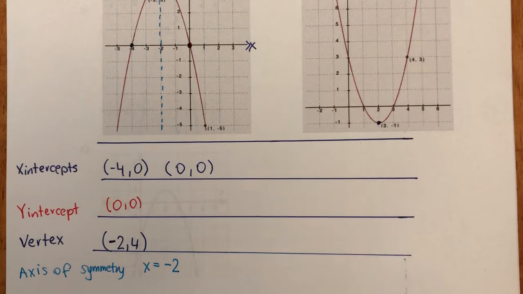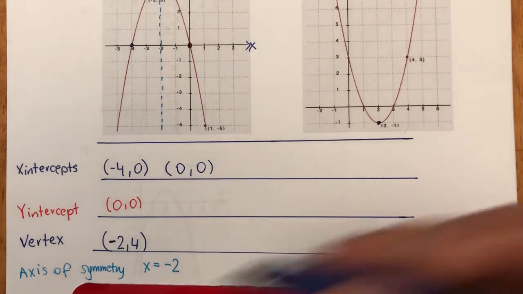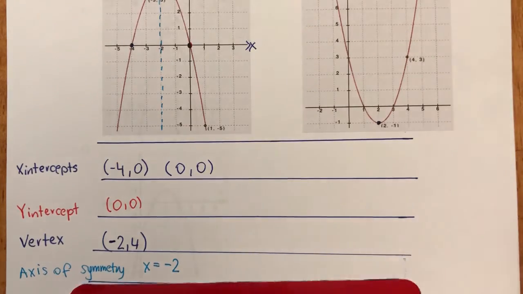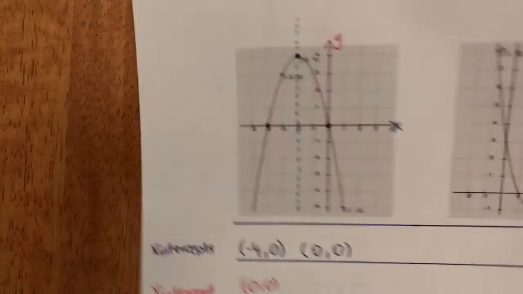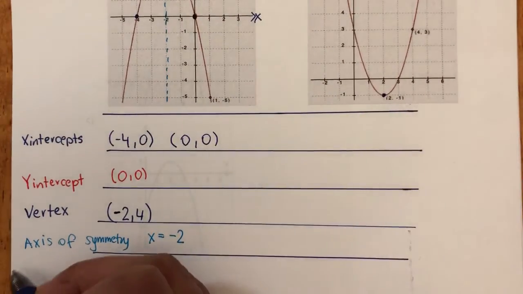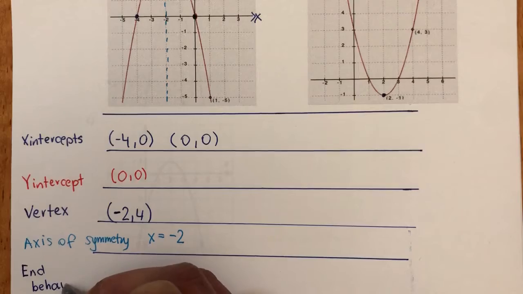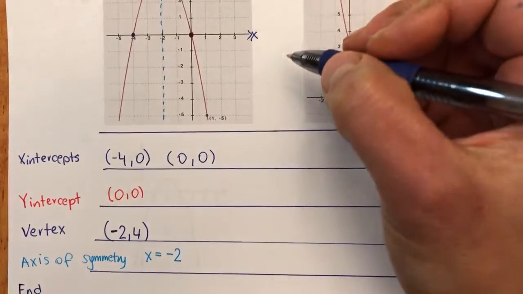And then the last thing that we are asked to describe is end behavior. You talked about end behavior of the function in your Algebra 1, Volume 1 class. The way we are going to write the end behavior is we want to think about what is happening with our function as x goes to positive infinity.